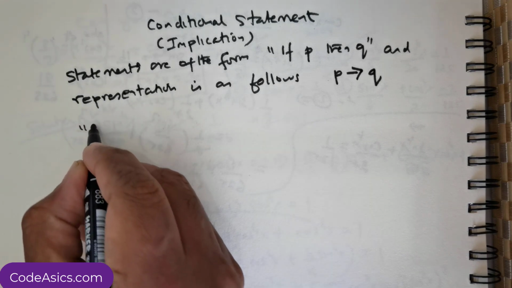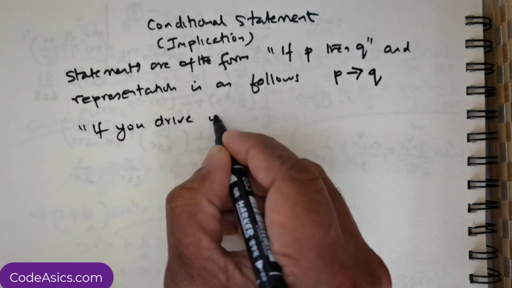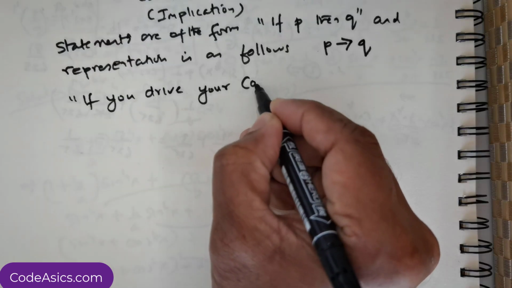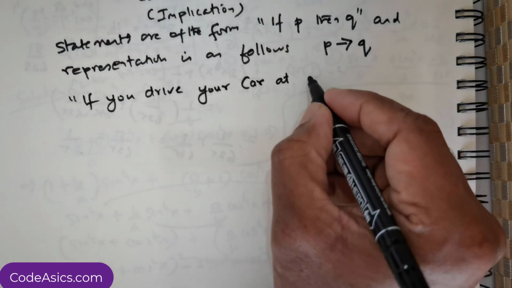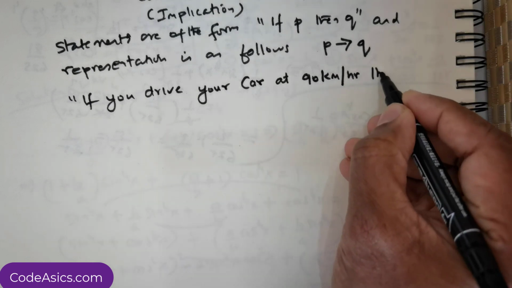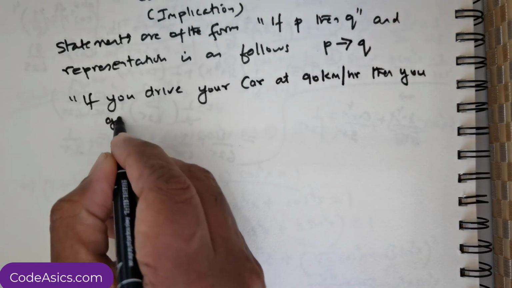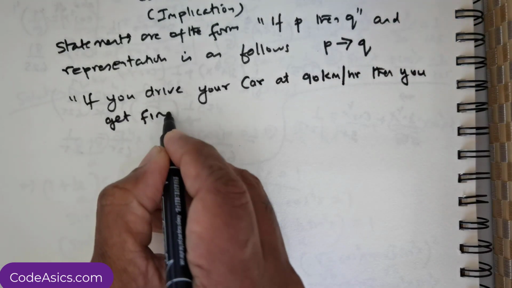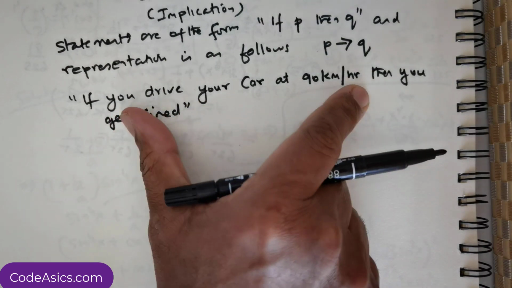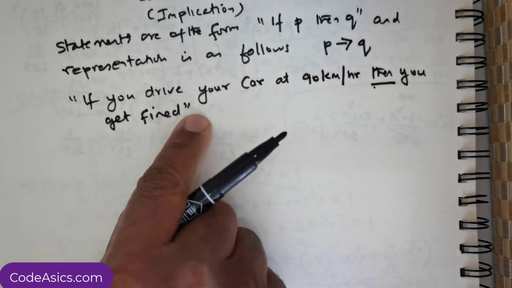So a statement, if you drive your car at 90 km per hour, then you get fined. If you drive your car at 90, so this is one statement, then you get fined.